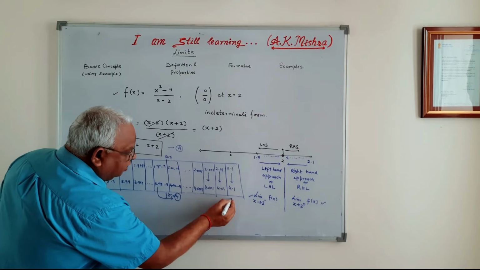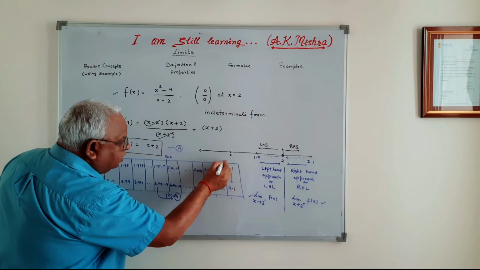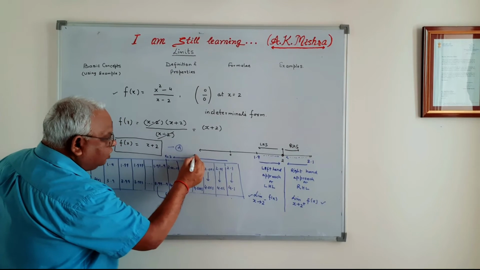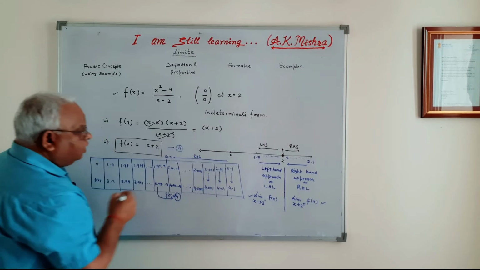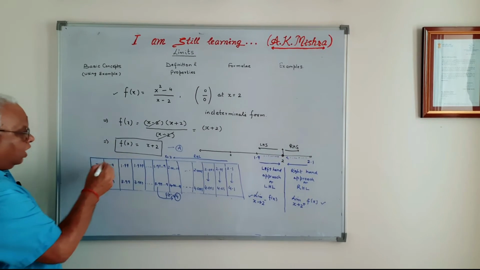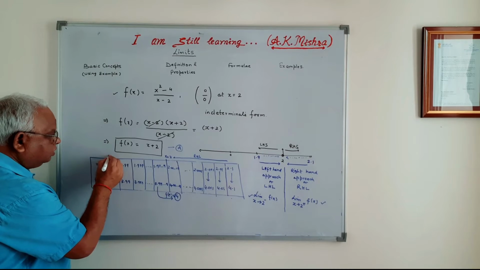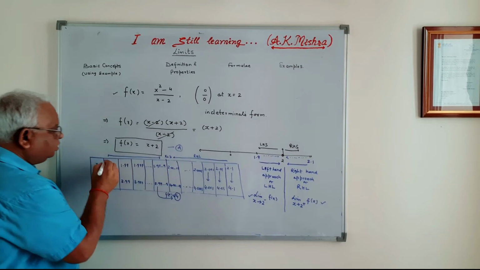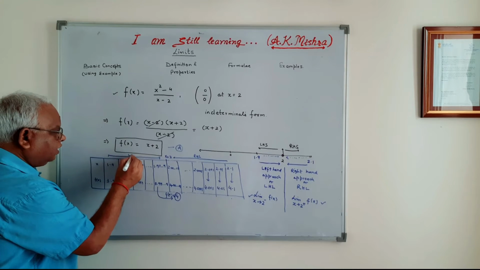So what is happening? You started from here and you are moving towards 2. This is called right hand limit or right hand approach. Earlier you moved from the left and started moving towards 2. This is called left hand limit.